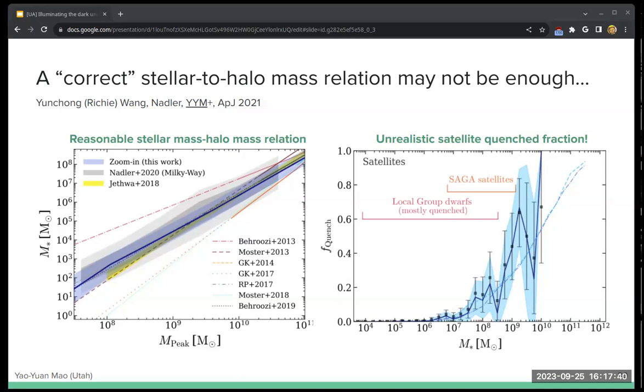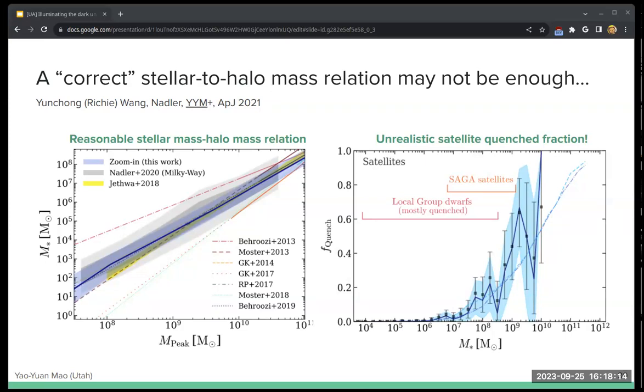So this is from the Universal Machine, with the added model component, and you can see the prediction, which is the blue band there, is inconsistent with the previous observations. Sorry, previous galaxy-halo connection using this model. If you look at the quench fraction, it just goes to 0 at low mass, which we know is wrong. Observationally, we know these very low mass galaxies must be quenched at some point.